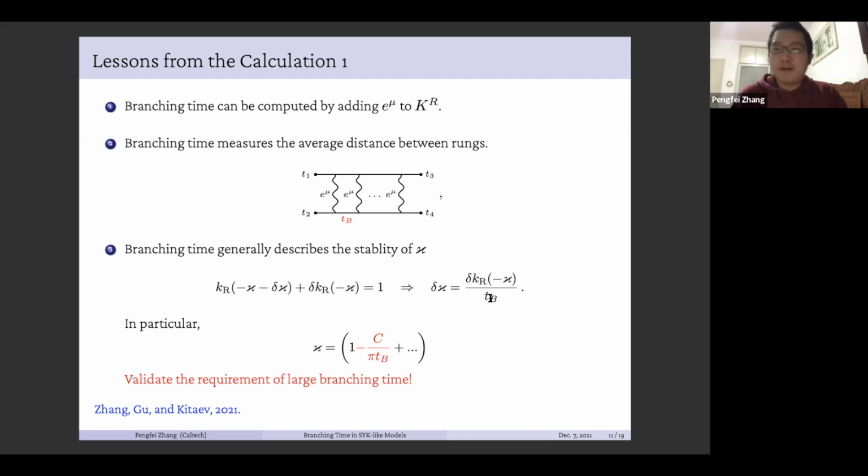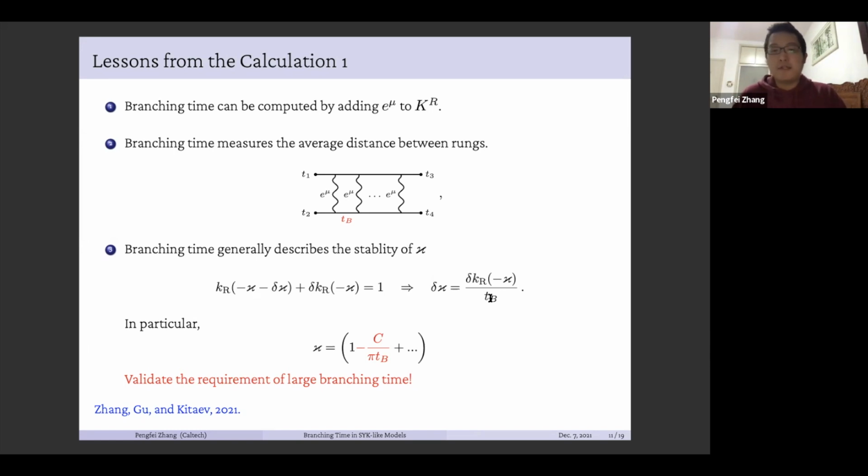As a very special case, we can ask what the expression of the Lyapunov exponent is near maximal chaos. One can show that near maximal chaos, the correction to the Lyapunov exponent is also proportional to 1 over the branching time.